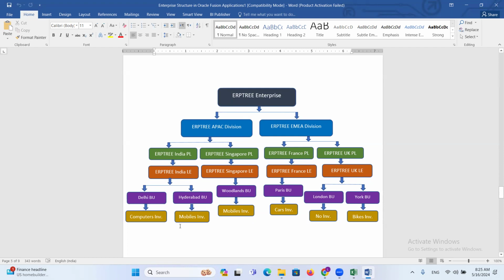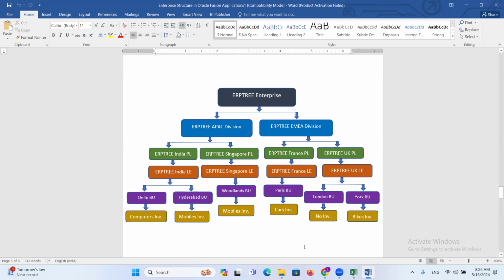For inventory organizations: Delhi one, Hyderabad one, Woodlands one, and Paris one. Here in London, there is no warehouse. We create a dummy one because inventory is mandatory to complete certain setups as per the system. They might be dealing with services, so no inventory is required for them.